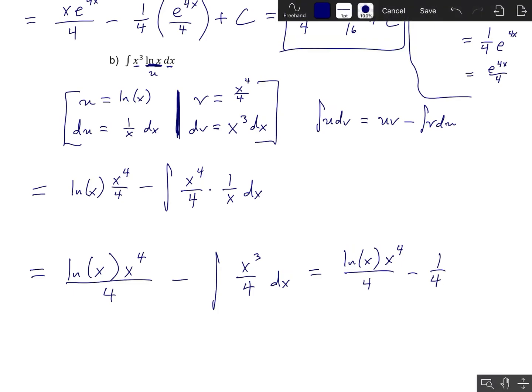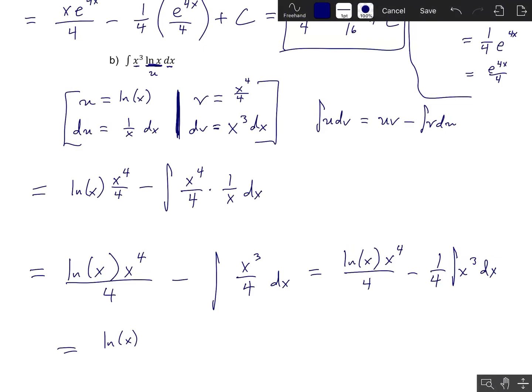You don't have to. But if you don't like dealing with fractions inside of that integral, then you can factor out the 1/4 first, or you can just remember that that 1/4 is along for the ride. So you can keep that 1/4 as a factor whenever you do this integral. But either way, you should end up integrating this x cubed.